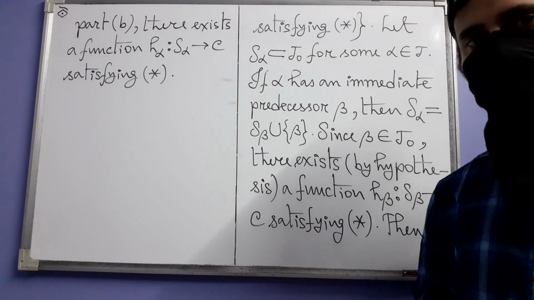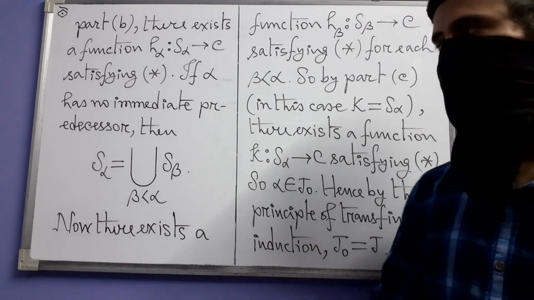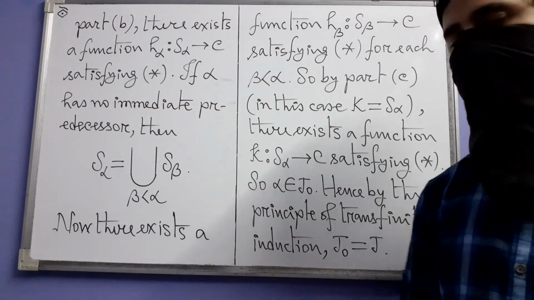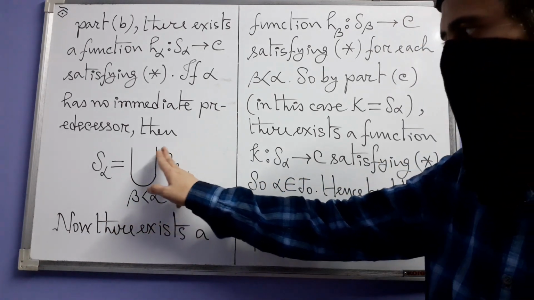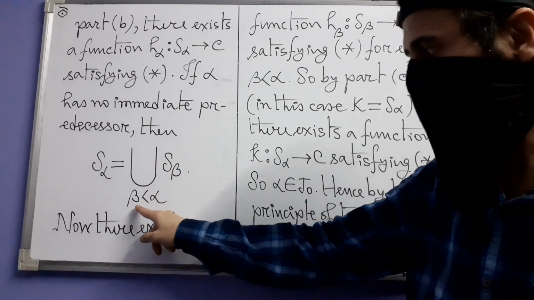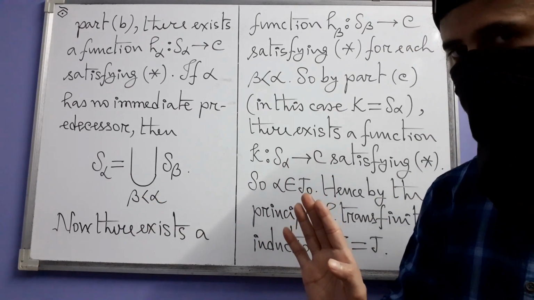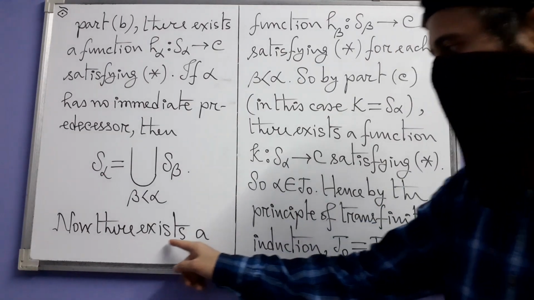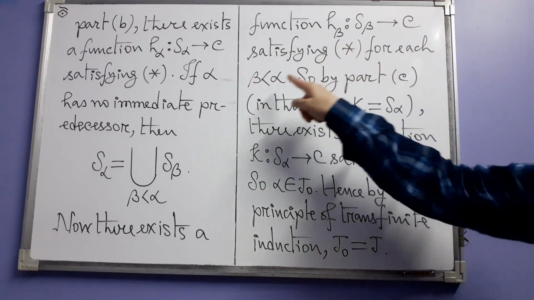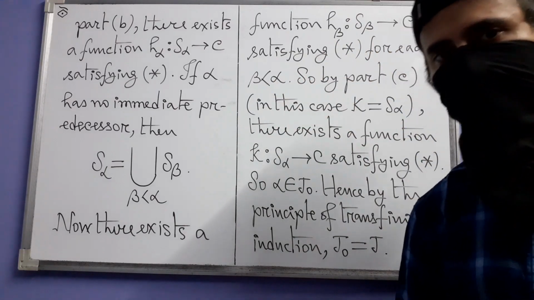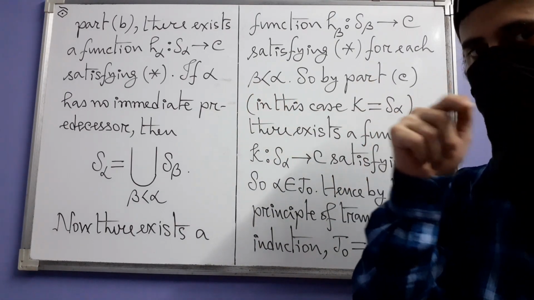Next comes the case where it does not have an immediate predecessor. If alpha has no immediate predecessor, then you can check that S alpha will be the union of all S betas where beta is less than alpha. No such beta is an immediate predecessor, however. Now there exists a function h beta from S beta into C satisfying star for each beta less than alpha, because we have already made the hypothesis that S alpha is a subset of J naught.